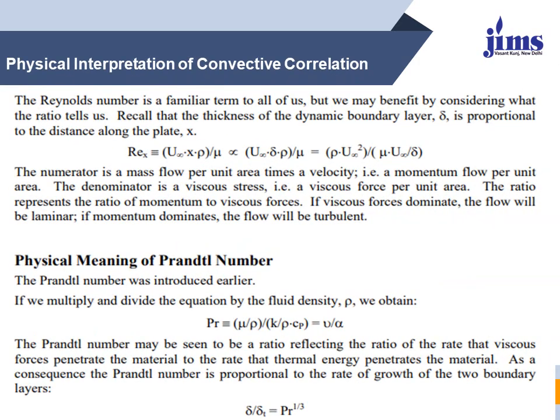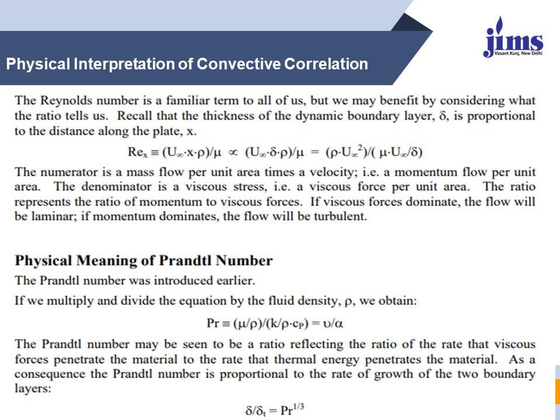Next is physical significance of convective correlations. The Reynolds number is a familiar term to all of us, but we may benefit by considering what the ratio tells us. Because the thickness of the dynamic boundary layer, denoted by delta, is proportional to the distance along the plate x, the Reynolds number is equal to rho u infinity square divided by mu u infinity divided by rho divided by delta.